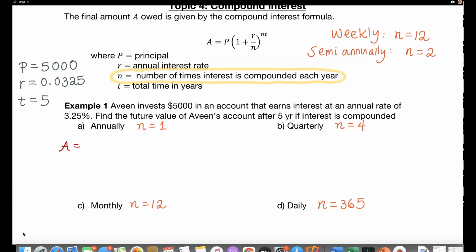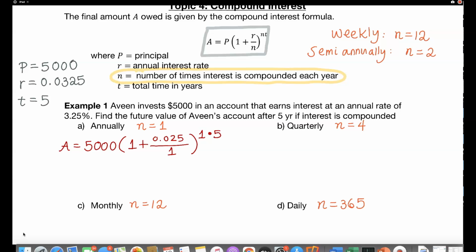The ending amount, using this formula, which I'll box: A equals P of 5,000 times 1 plus R, 0.0325, divided by N. N is 1 for annual. And we're raising this to the N times T power. N is 1, T is 5.